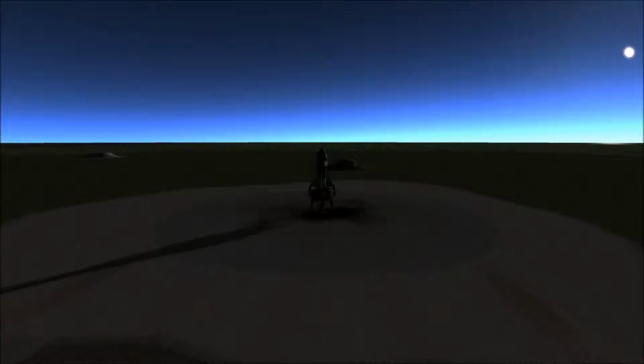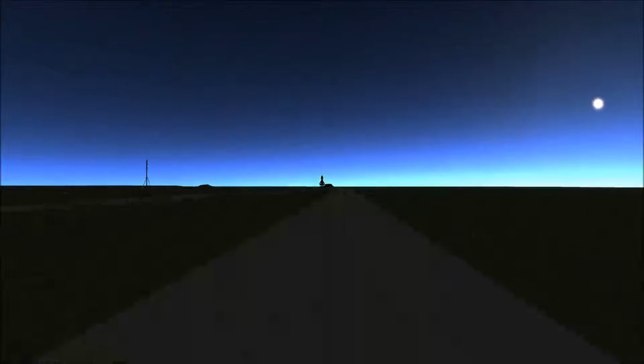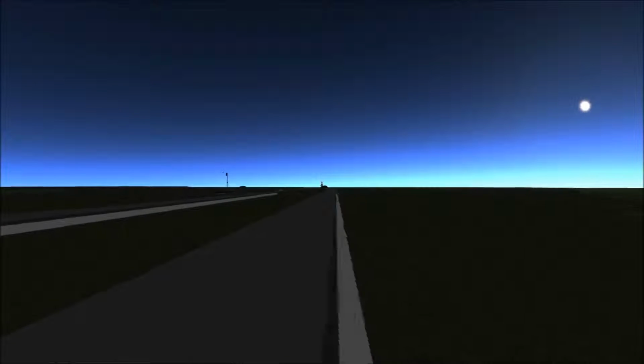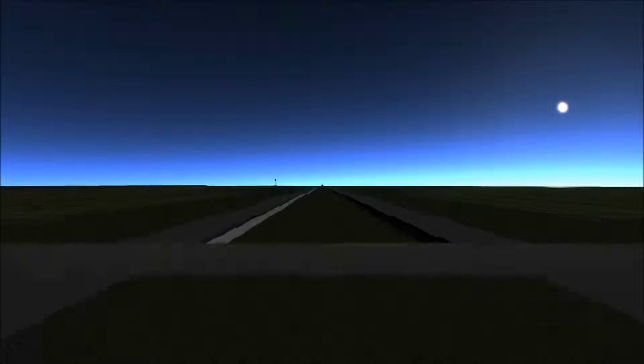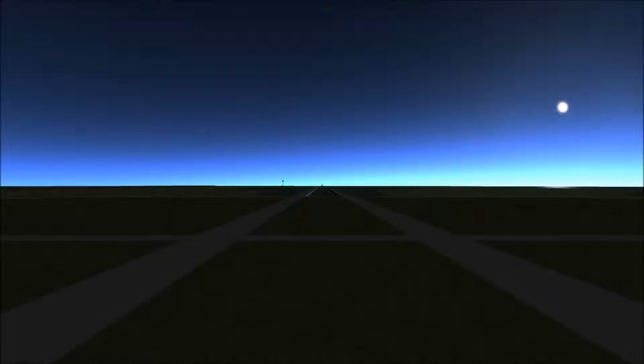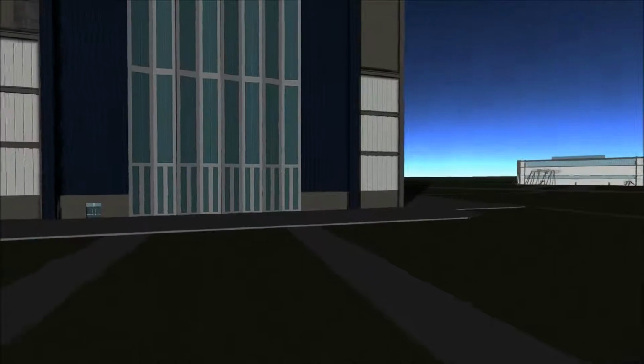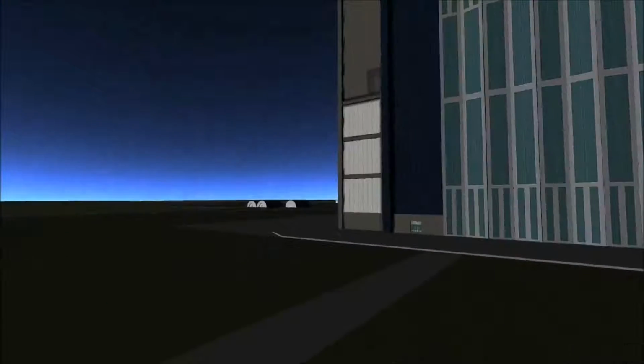Confirmed. Starting final systems test. All launch systems operational. We have reached a safe distance. Back at the VAB here.